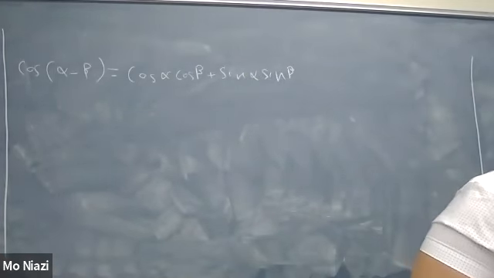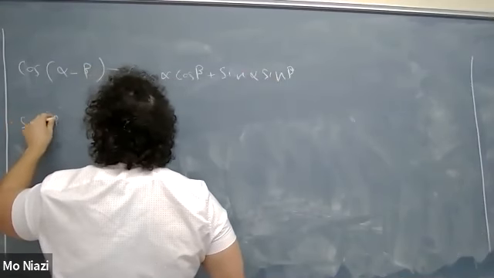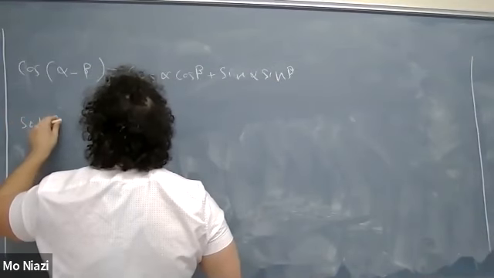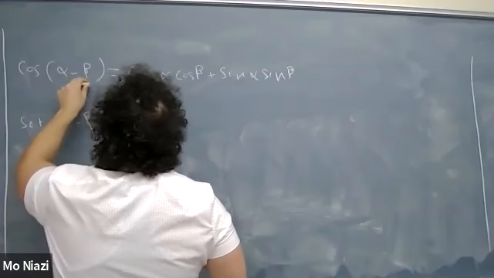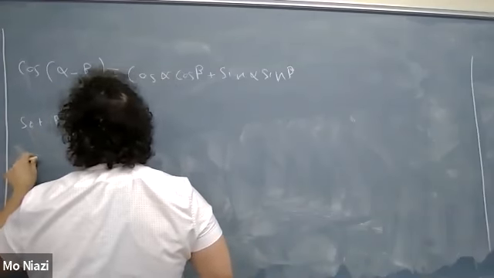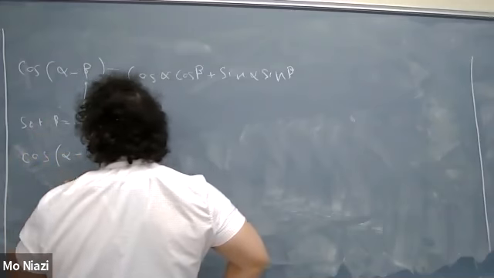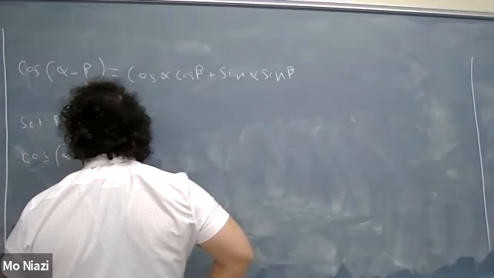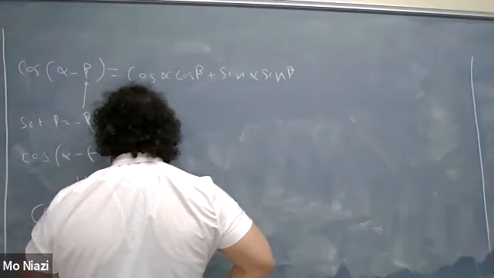Okay, and then we were able to set beta equal to a minus beta in this equation. So then we get cosine of alpha minus a minus beta. Just notice this is the same thing as cosine of alpha plus beta, is it not?